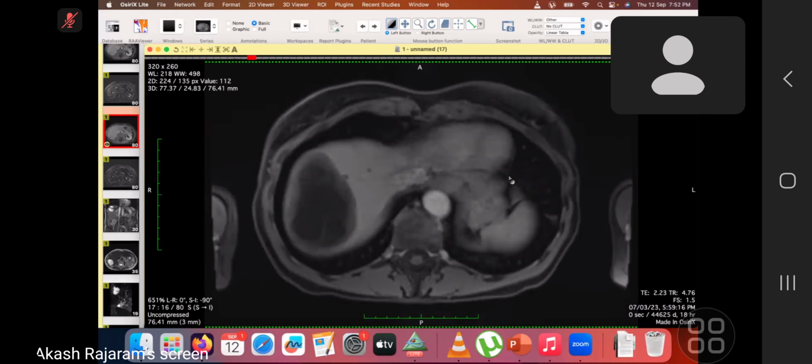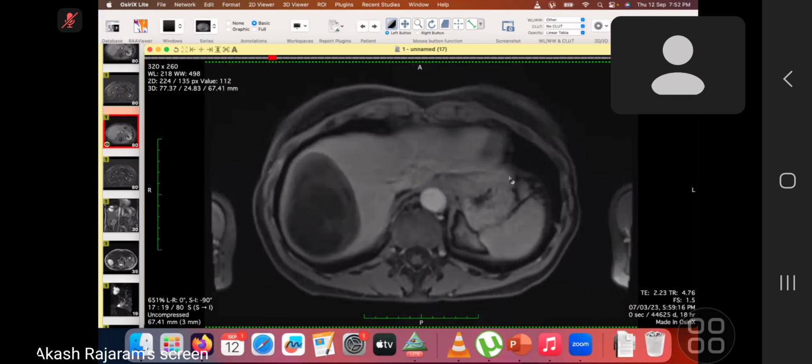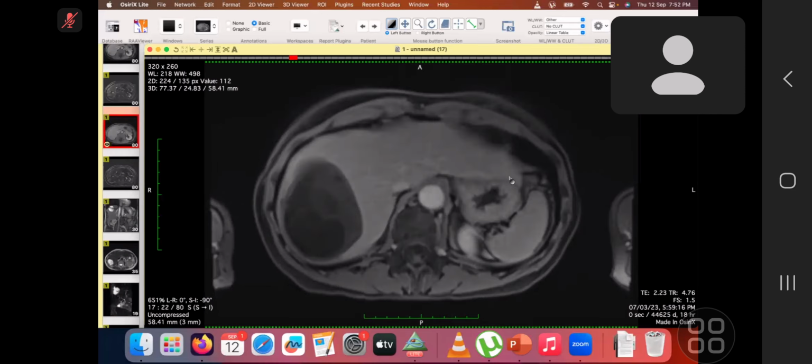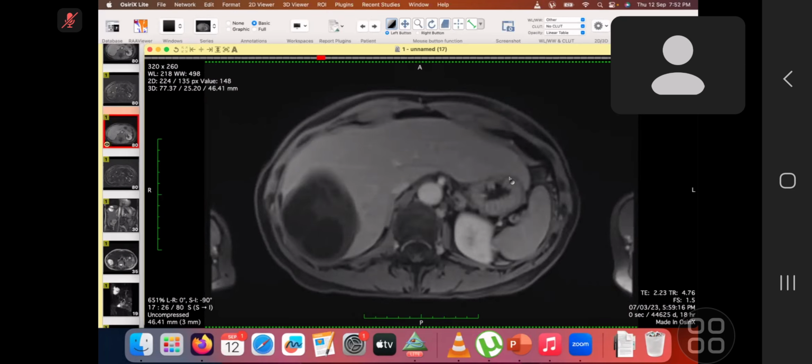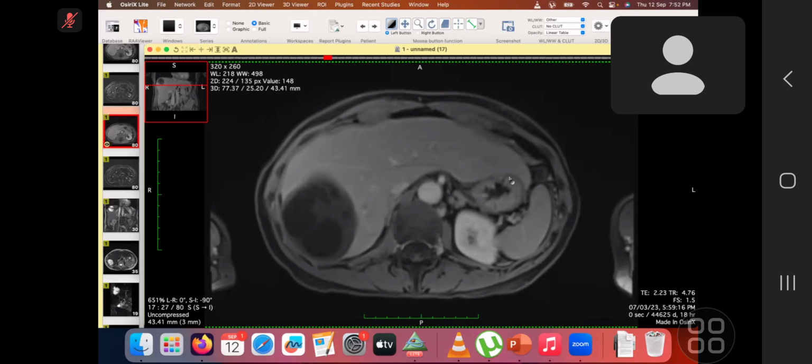This liver lesion doesn't look suspicious. This could be a hydatid cyst, and I would correlate if there is any history of surgery in the right chest or breast, which has resulted in this fluid pocket.